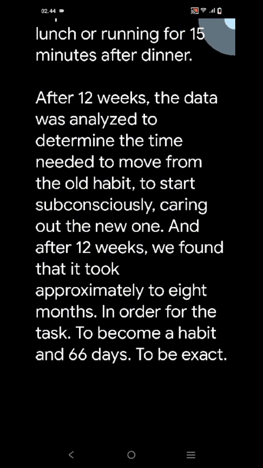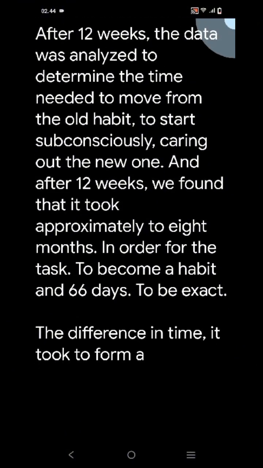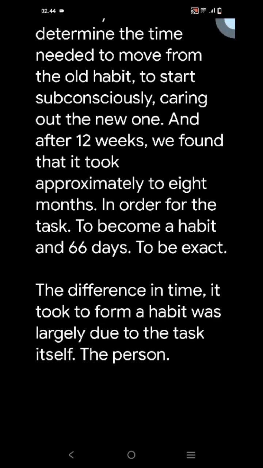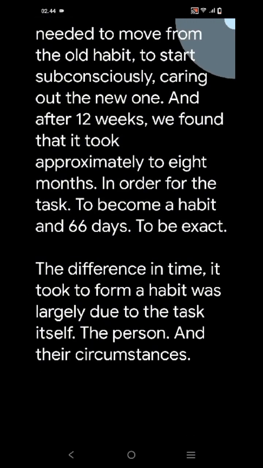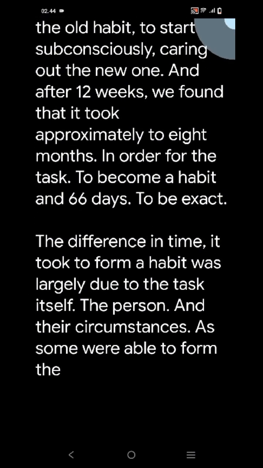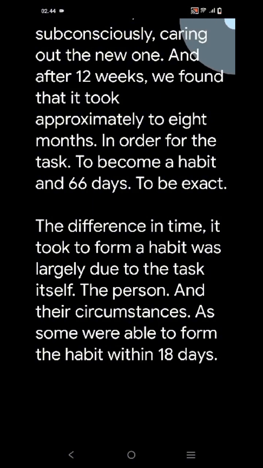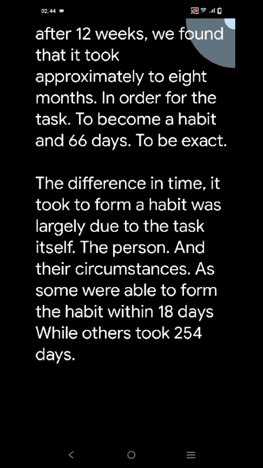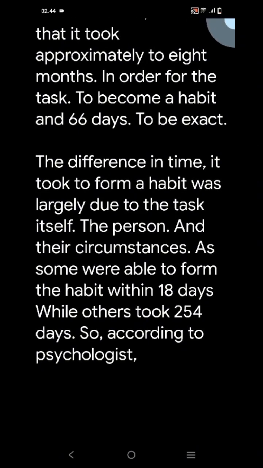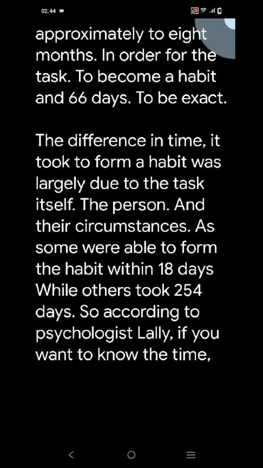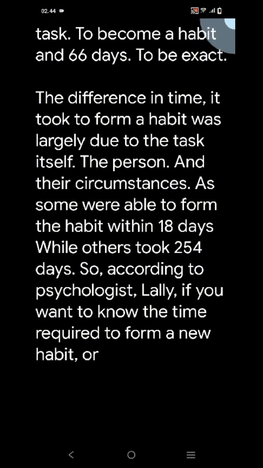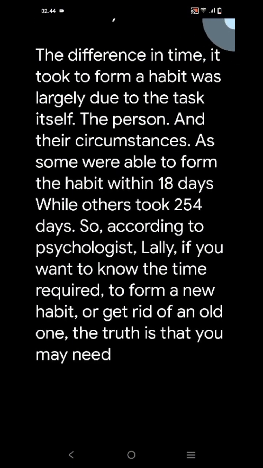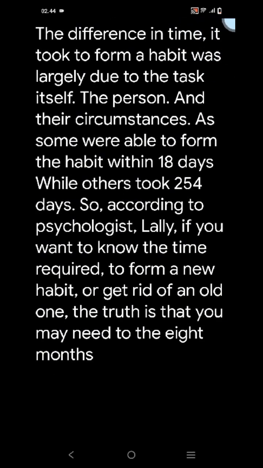The difference in time it took to form a habit was largely due to the task itself, the person, and their circumstances, as some were able to form the habit within 18 days, while others took 254 days. So, according to psychologist Lally, if you want to know the time required to form a new habit or get rid of an old one, the truth is that you may need 2 to 8 months and not just 21 days.